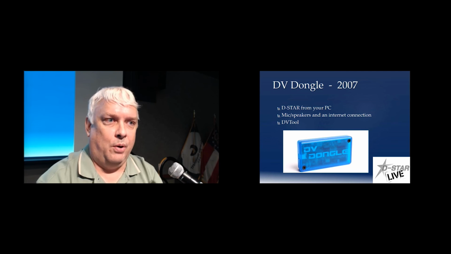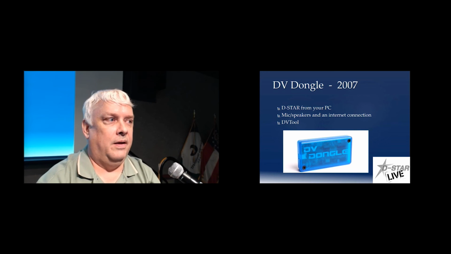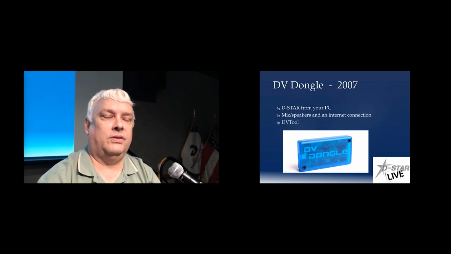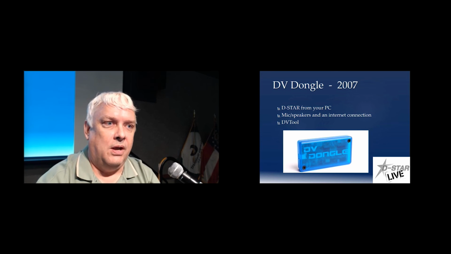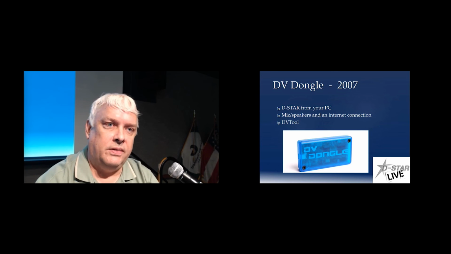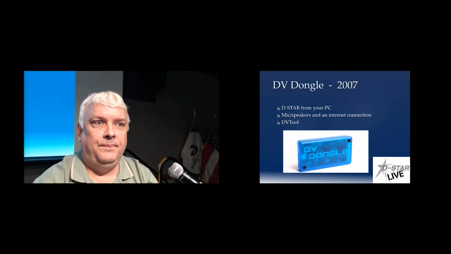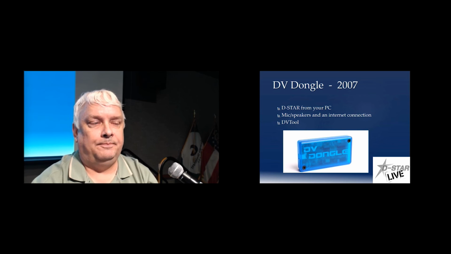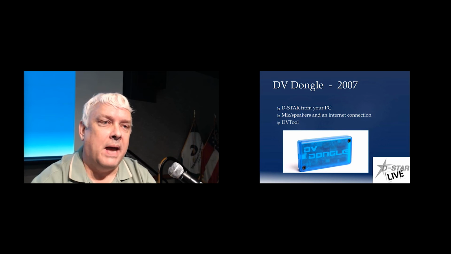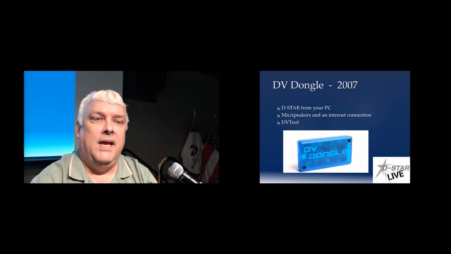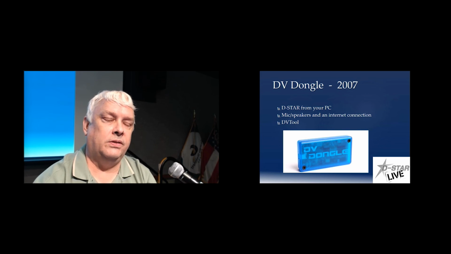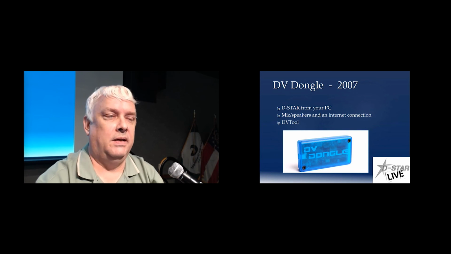The D-Star protocol is open. You can write software that talks to it. The only thing that's proprietary is that DVSI AMBE chip. So we just needed a mechanism to encode and decode the voice in the D-Star format.